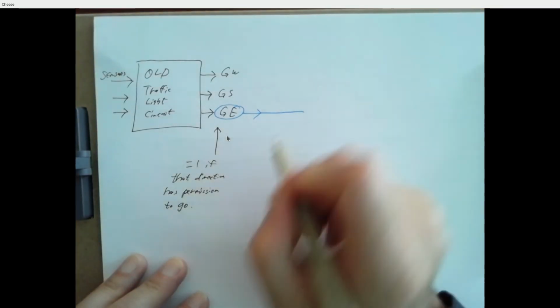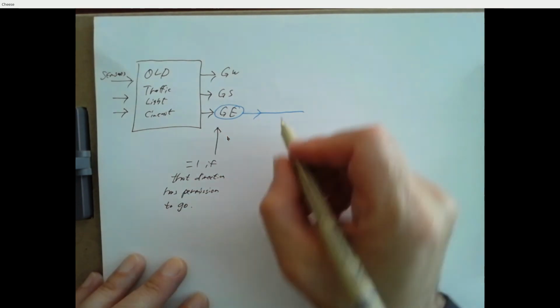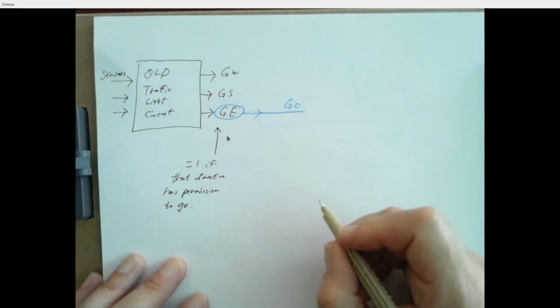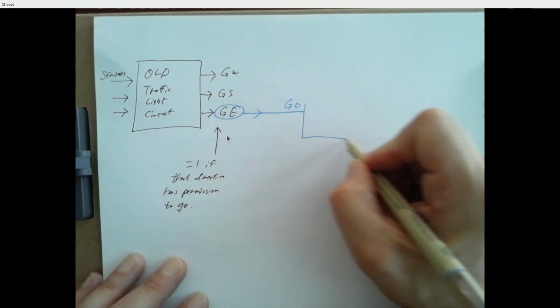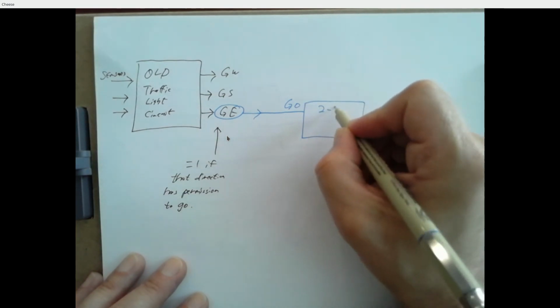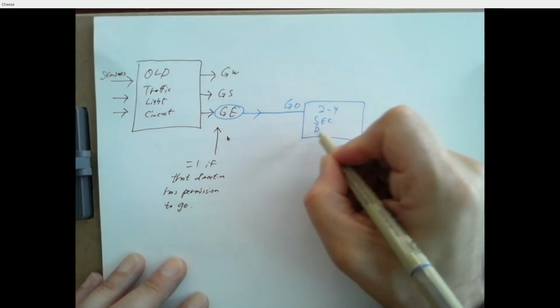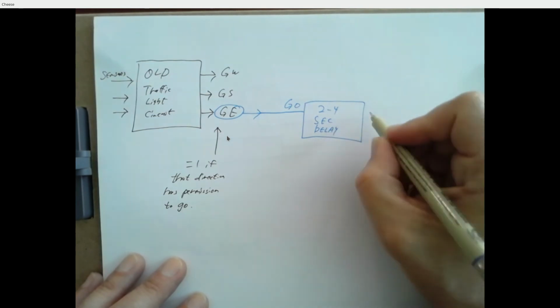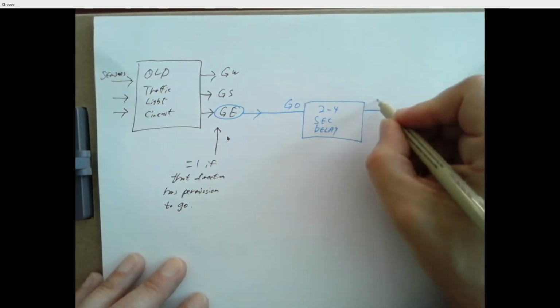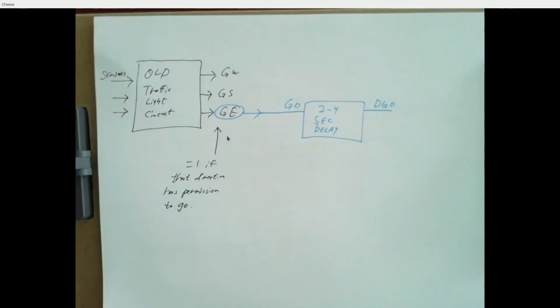So I'm going to call this go, and I'm going to put it into a delay circuit. And I'm going to call this DGO, delayed go.